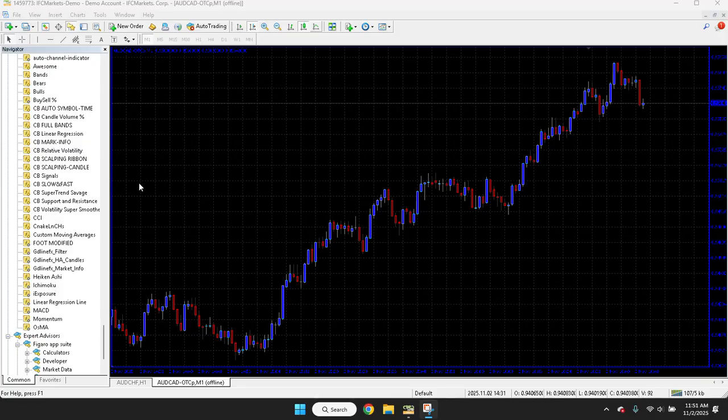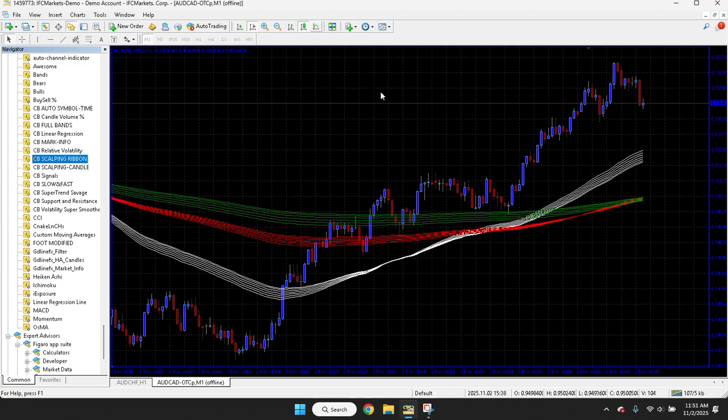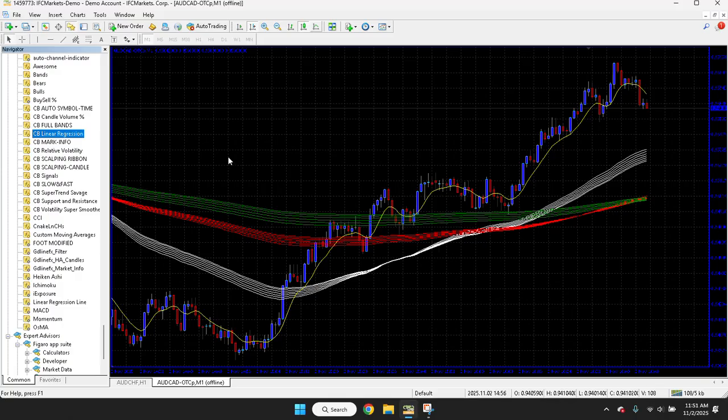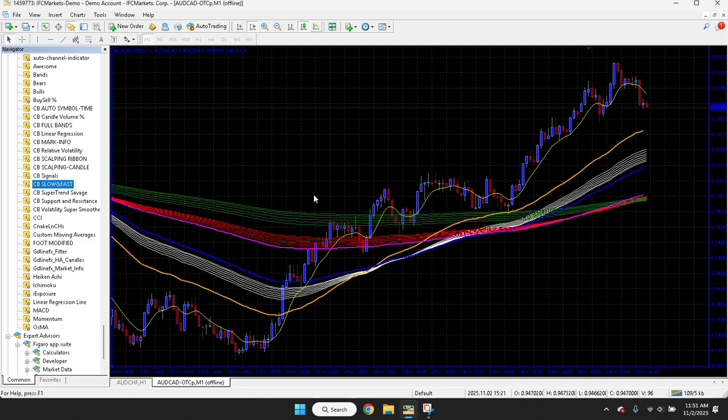Now, I believe I've already gone over the main ribbons with everybody. I've also gone over the linear regression line, the fast and slow. So everybody should be able to have this.